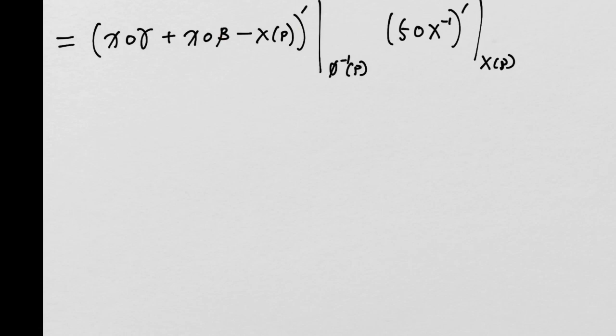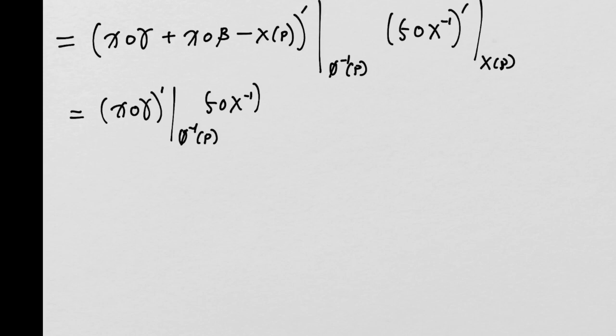So I'll just write this one out along with you. I'm going to write x after gamma prime evaluated at phi inverse of p times f after x inverse prime evaluated at x of p. Right, so that's the derivative of the first term times this thing.